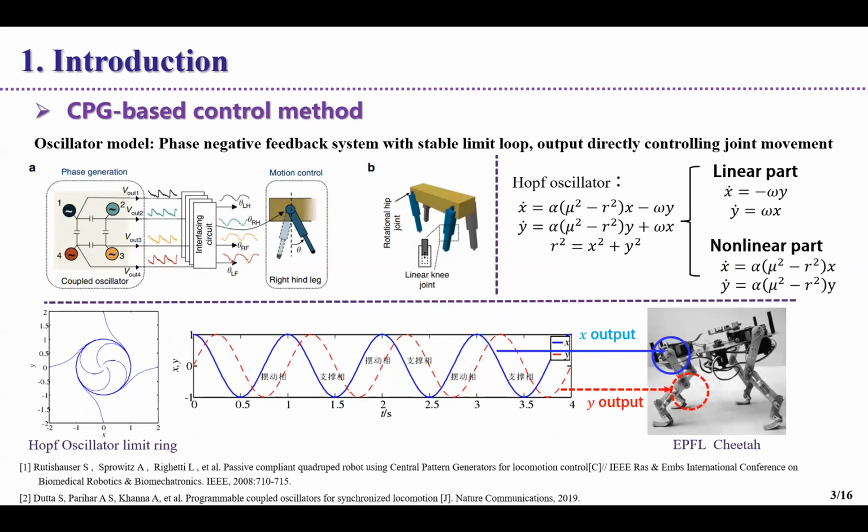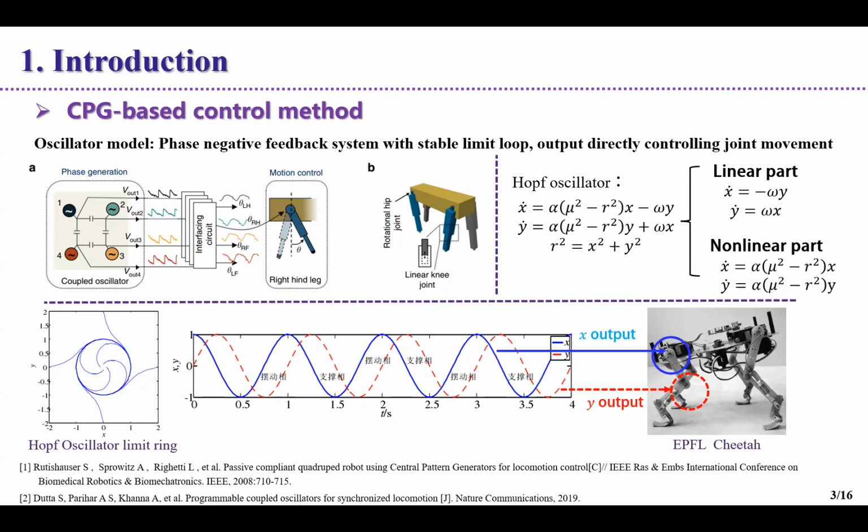Another type of oscillator model based on a system of nonlinear differential equations simplifies the biological characteristics of CPG and proposes that the CPG is essentially an oscillator with a stable limit cycle.